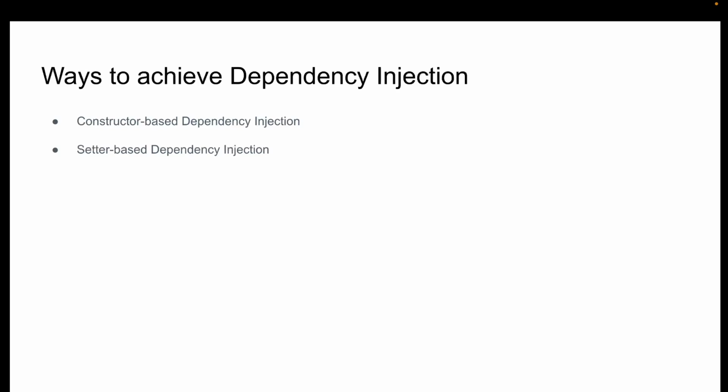Try to visualize this: your employee is a class which has data members like the employee ID, employee name, employee designation, and employee address. So these are the four data members. How do you basically initialize these data members?